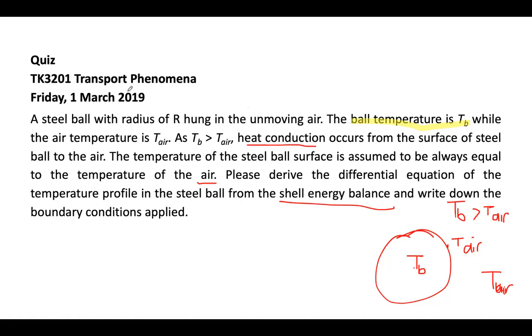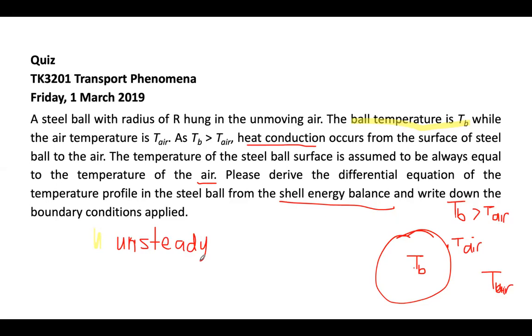Okay, so this phenomenon is actually an unsteady state. It is unsteady. Why? Because in the case of the boiling egg, at the beginning, the egg is very, very hot.